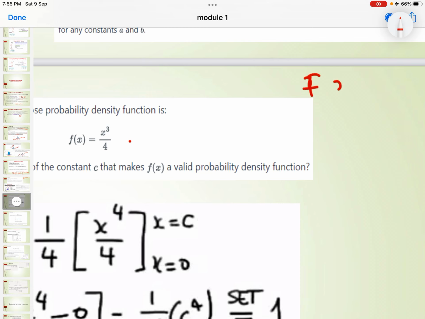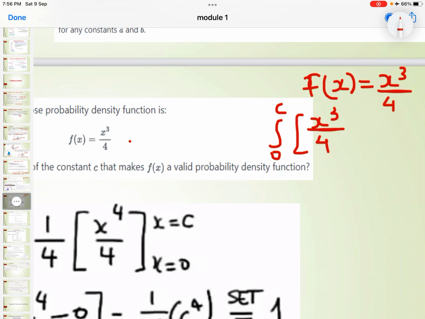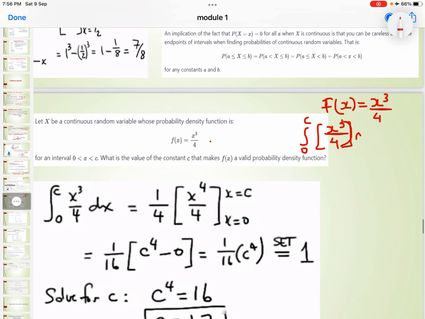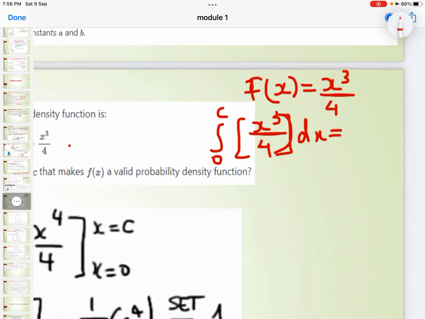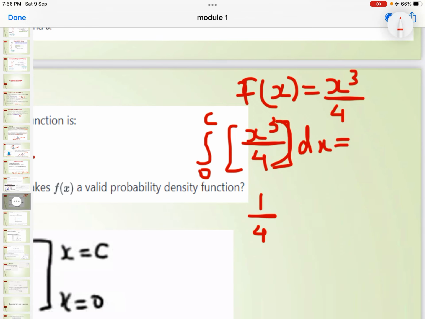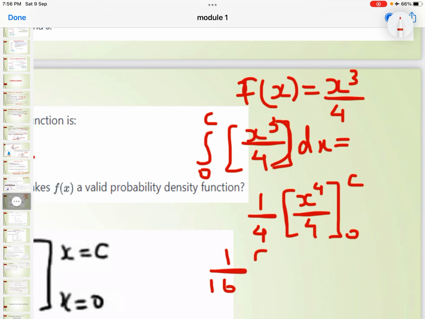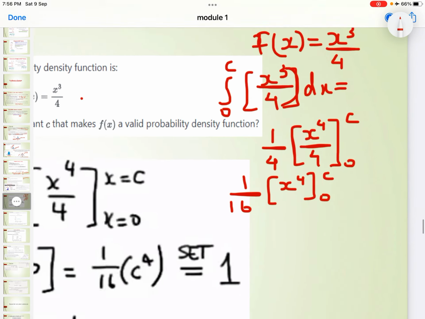You have been given f of x is equal to x cubed by 4. Integration 0 to c, x cubed by 4 dx is equal to 1 by 4, you take common outside, x raised to 4 by 4, lower limit 0, upper limit c. 1 by 16, x raised to 4, between 0 and c.